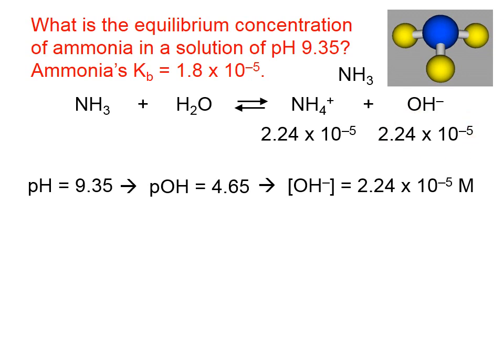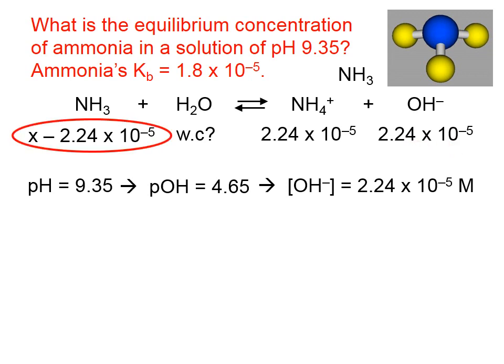Well, we know what x is. That's why we've substituted 2.24 times 10 to the negative fifth in both of these two places. Of course, we don't care about water. That is totally irrelevant. And for the ammonia concentration, we have the initial ammonia concentration, but then it drops by this amount, which is, of course, why we have the pH that we have.